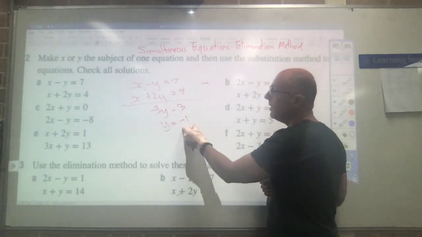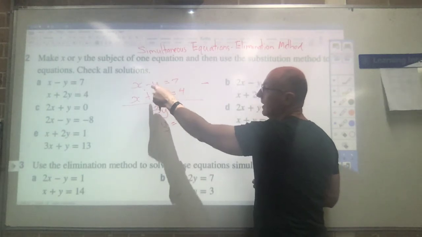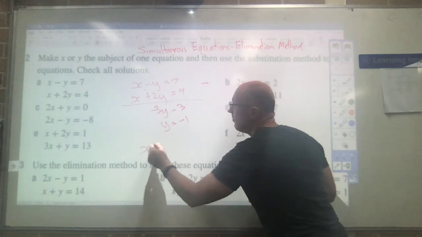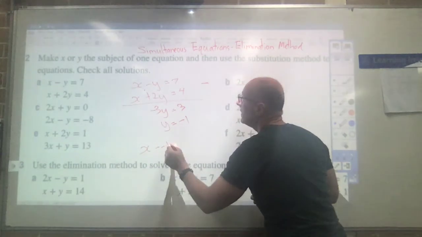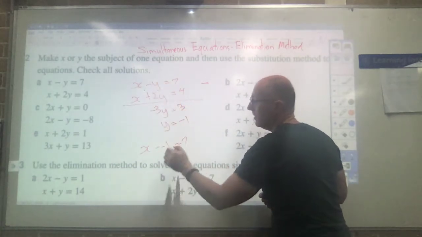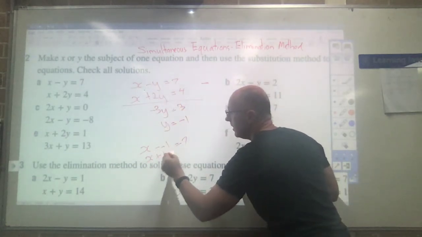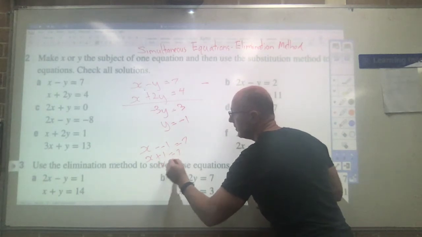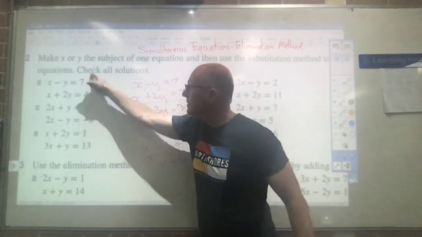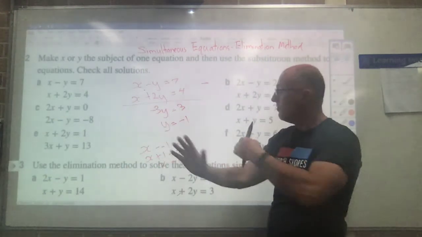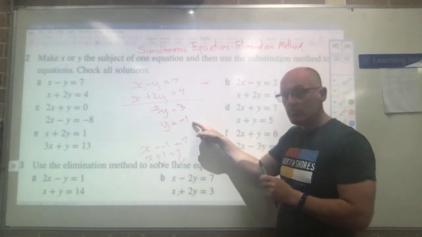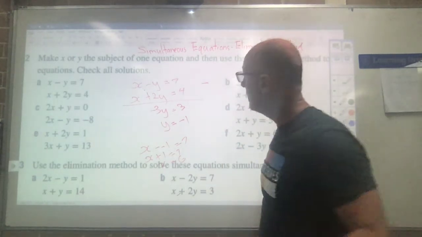I'm going to put minus 1 into the top one: x minus minus 1 equals 7. So x plus 1 equals 7, and x equals 6. So we have found that these two straight lines will meet at (6, minus 1).